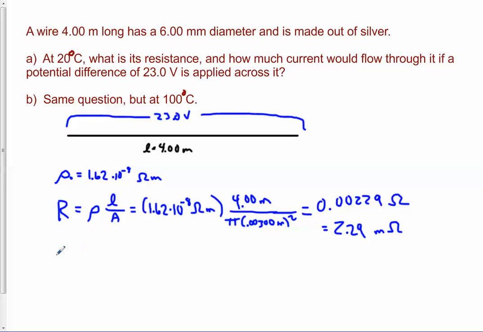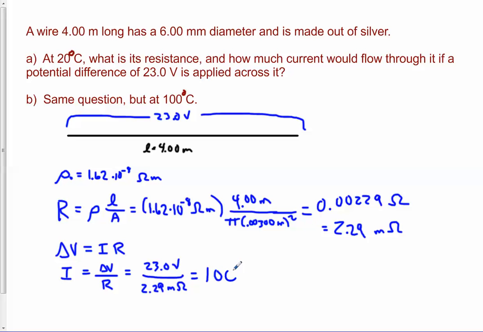So now we go to delta V equals I R. We want to get I, so I is delta V divided by R. So 23 volts divided by 2.29 milliohms is, to 3 significant figures, 10,000 amps, which is a lot of current.